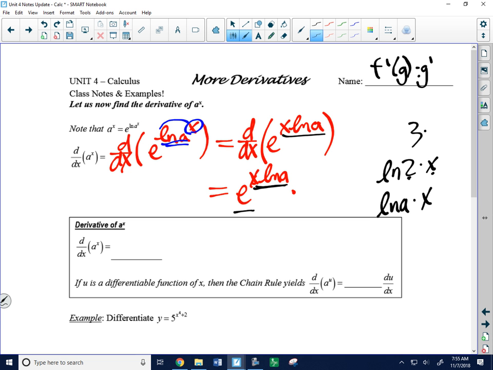So like the derivative of 3x would be 3, the derivative of ln of 2 times x would be ln of 2. And so the derivative of ln of a times x is ln of a. It's really ln of a times 1: just a number in front times the derivative of x, which is 1.